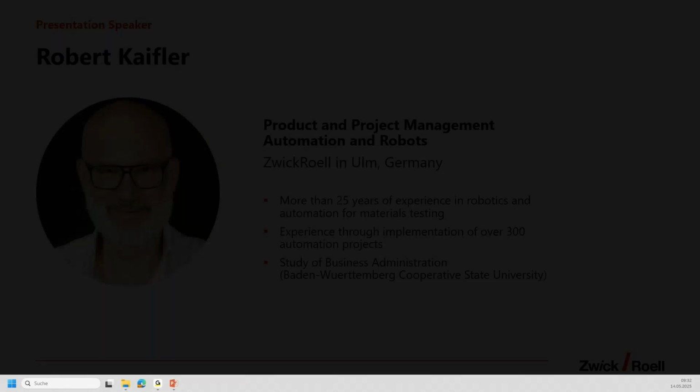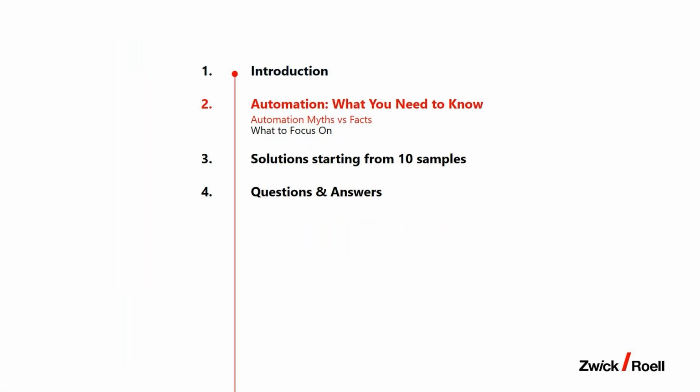All right. What's the agenda? Introduction, which we already handled. Then we turn to one of the main chapters, which I call automation, what you need to know. This is pre-information surrounding automation: what we recommend to do, how to start, and also automation myths versus facts.